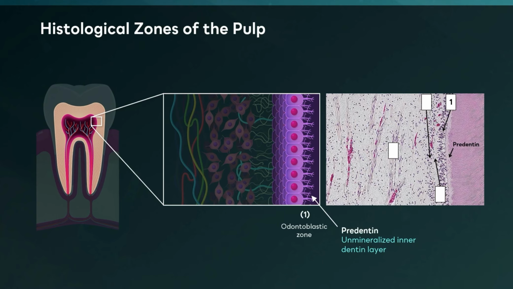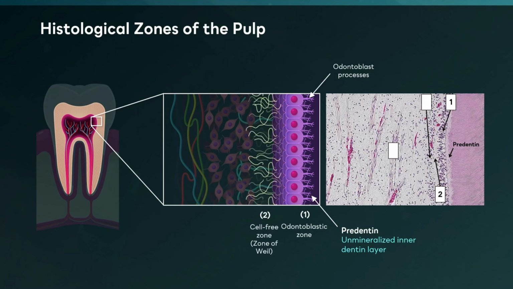Alright guys, important thing to remember is that the predentin is just the unmineralized inner dentin layer, and the odontoblast processes shown here pass through the predentin into the inner part of the dentin, as you see in the illustration. Alright, so zone 1, the odontoblastic zone, again just represents the outermost cells of the healthy pulp and is located immediately subjacent to the predentin.